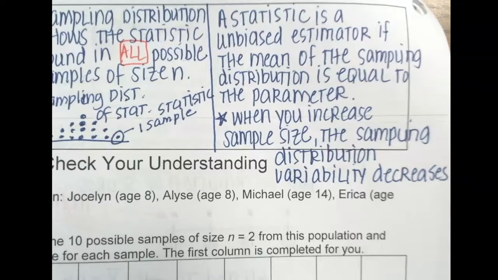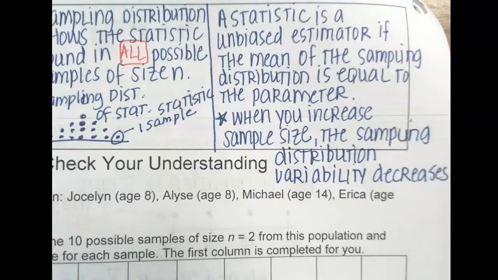On the front, our sampling distribution had the same mean as our distribution of test scores. That's when you know it's unbiased because it hasn't been pulled off in one direction or the other. Another important thing to remember is that when you increase your sample size, the sampling distribution variability decreases. We only had a sample size of 2. We didn't have a large population that we were pulling from, but a larger sample size will reduce your variability.